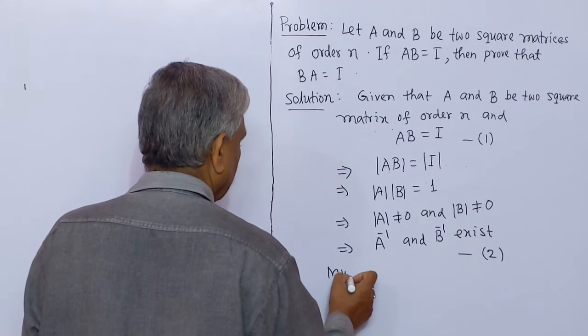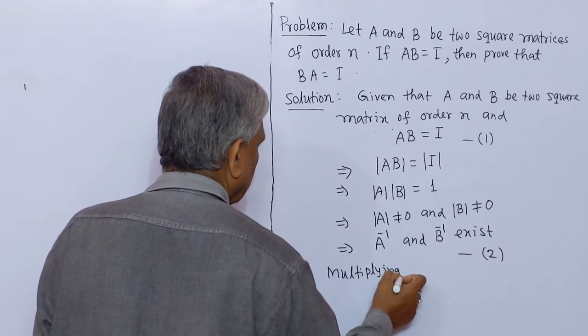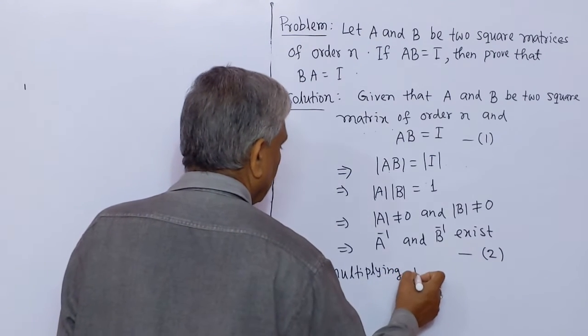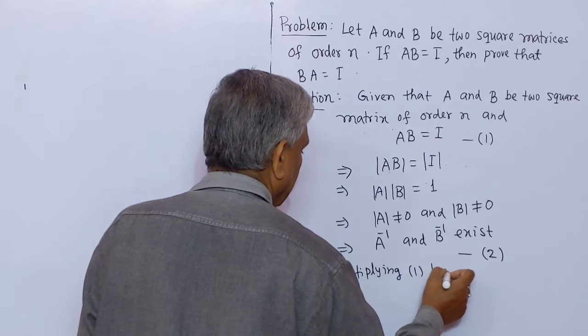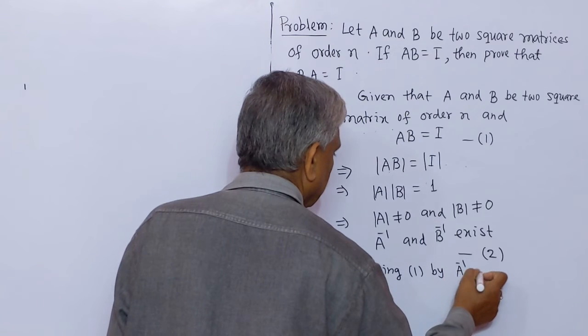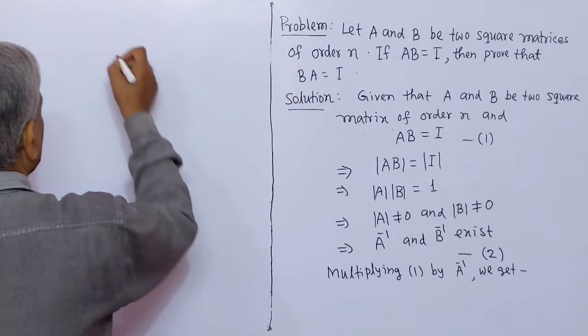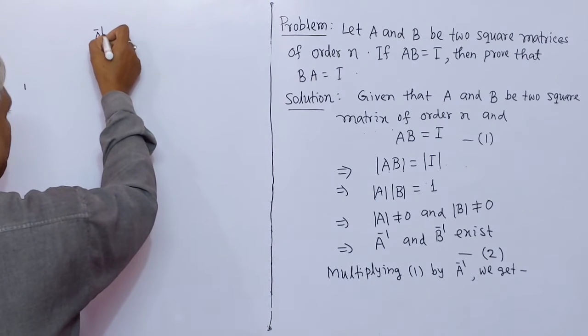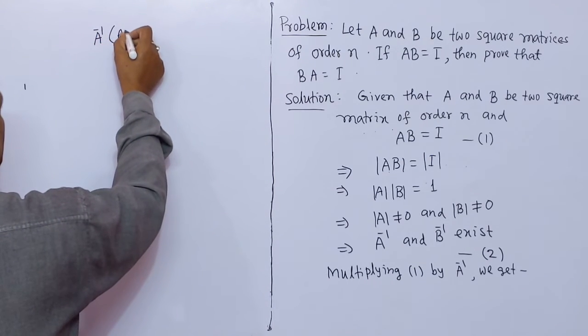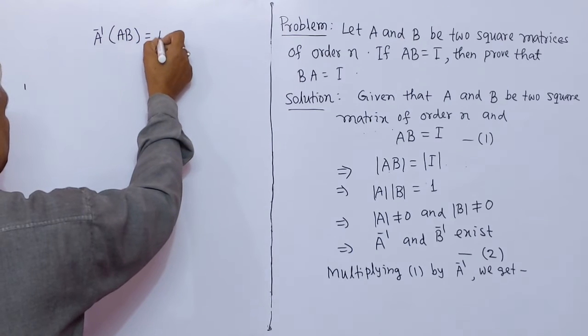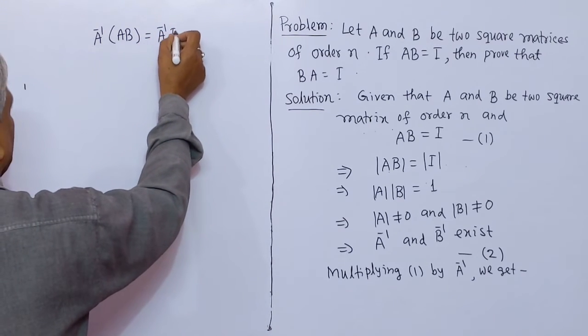Multiplying 1 by A inverse, we get A inverse AB equal to A inverse unit matrix.